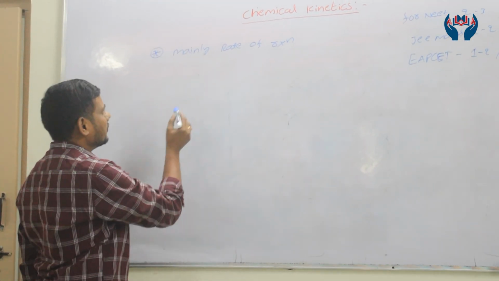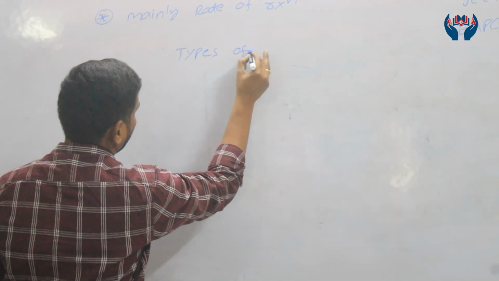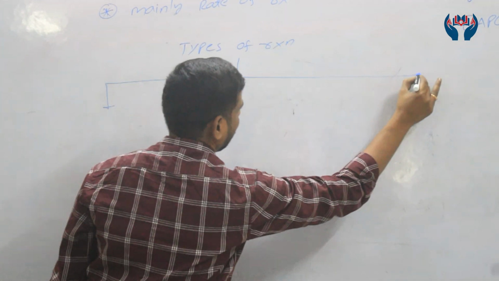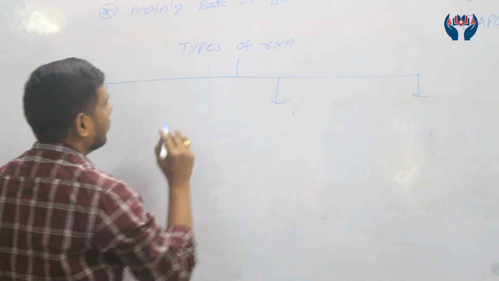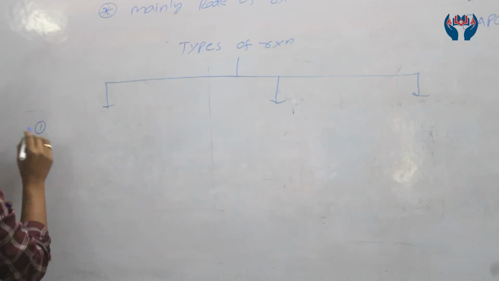There are types of reactions. How many types of reactions? Types of reactions are three. What are the three? First one, slow reactions.